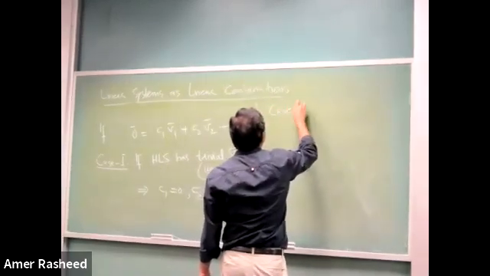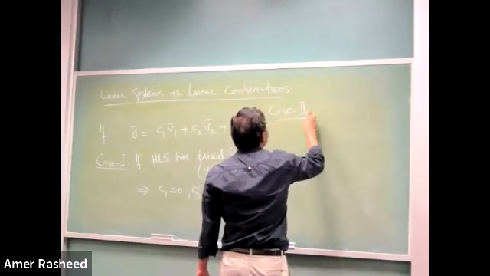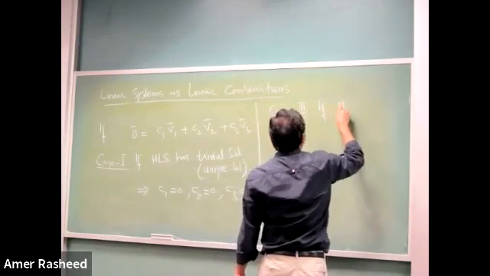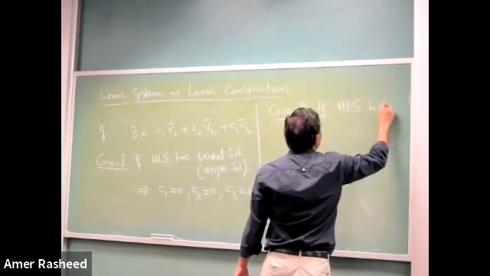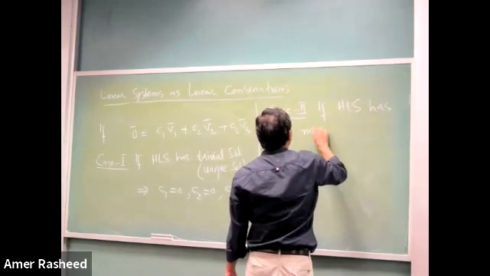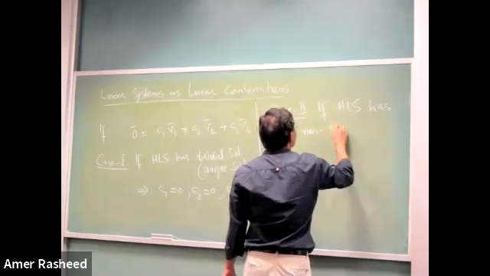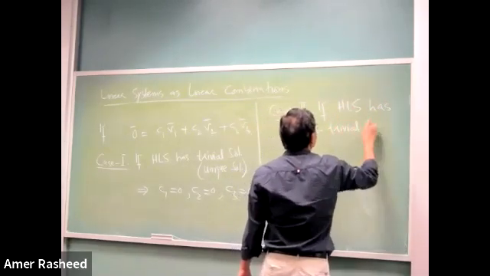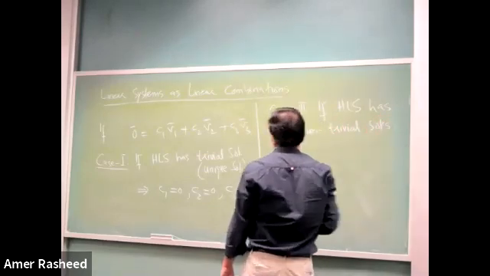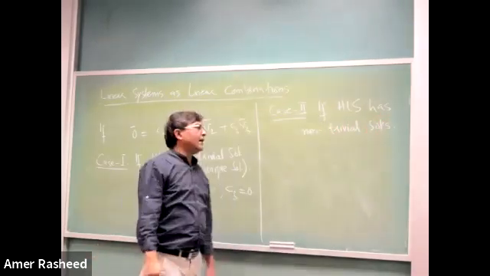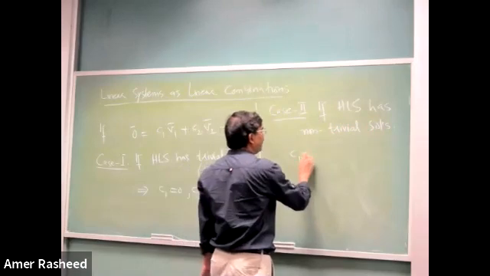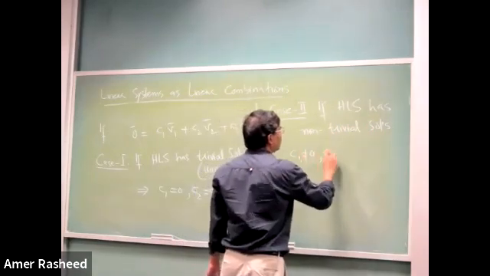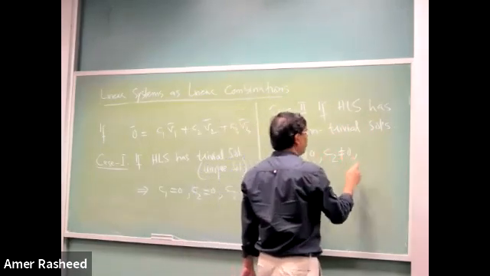Case 2. If the homogeneous linear system has non-trivial solutions. What does it mean? That the C's, C1 will not be 0, C2 will not be 0.